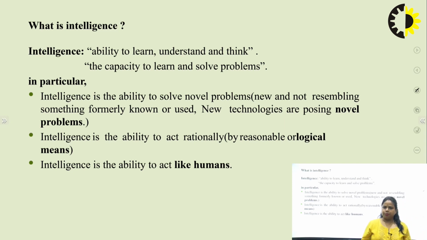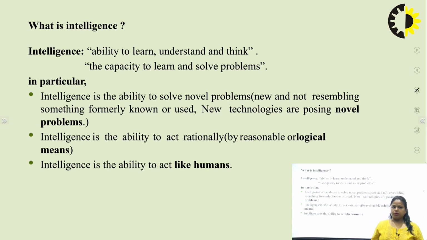Novel means new problems, not resembling something formerly known or used. Whatever new technologies are coming into the marketplace, we are focusing more on those problems.